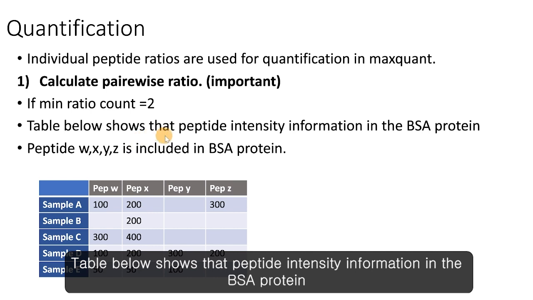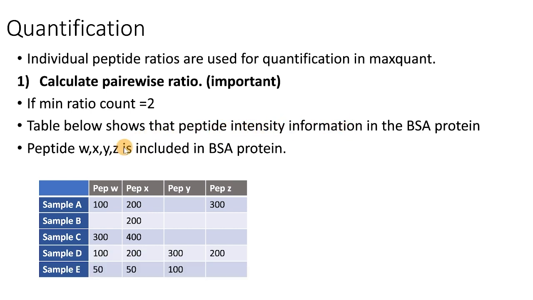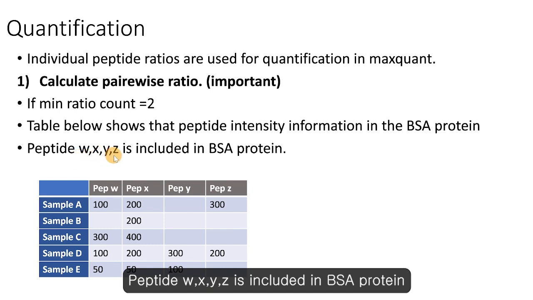Table below shows the peptide intensity information in the BSA protein. Peptide W, X, Y, Z is included in BSA protein.